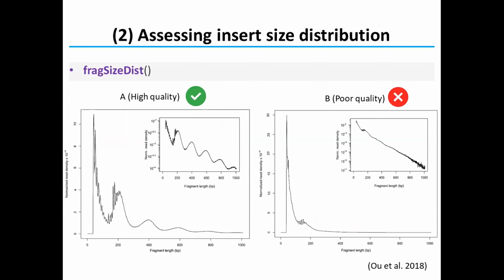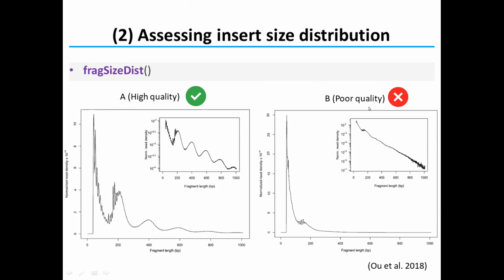On the left side is the size distribution for a high quality ATAC-seq library. From here you can see many reads are from the nucleosome-free region, which has a small fragment size less than 100 bases. Then you can see the mononucleosome associated fragments and the dinucleosome, trinucleosome, even tetranucleosome associated fragments.